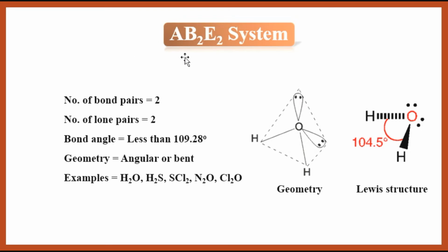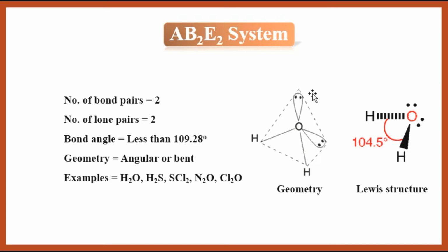Then our next subcategory is the AB2E2 system, which also comes under the main AB4 system. In this case, a central atom A has been bonded with 2 bond pairs and 2 lone pairs of electrons.